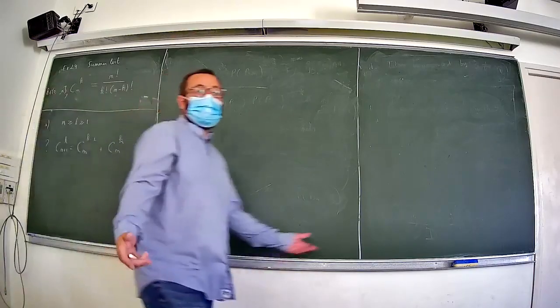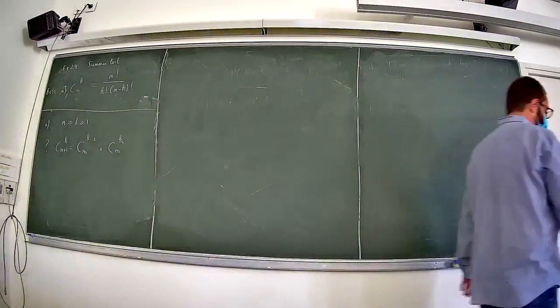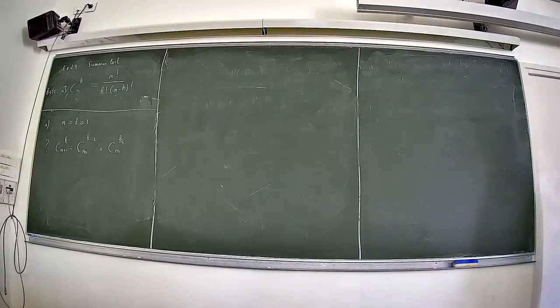Why not? It's an algebraic relation that you have to prove. We have the definition of each of them. We are going to do the sum and see that I will cover what I want.